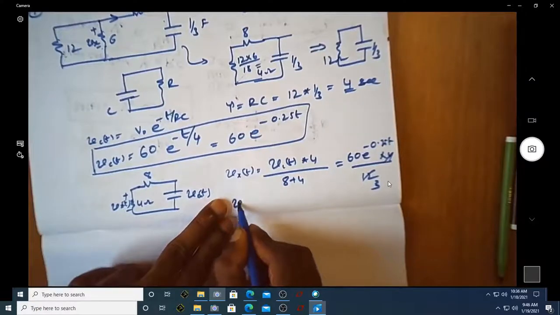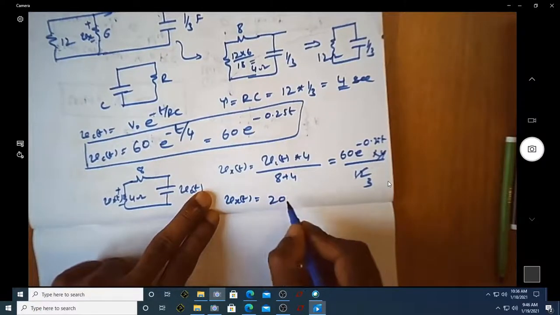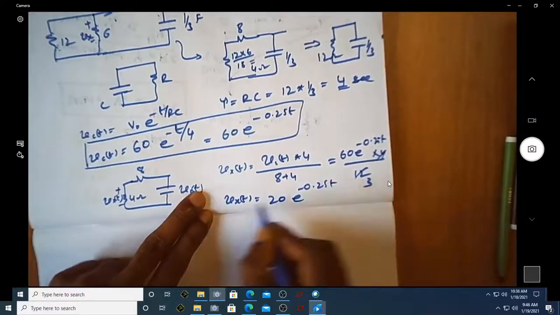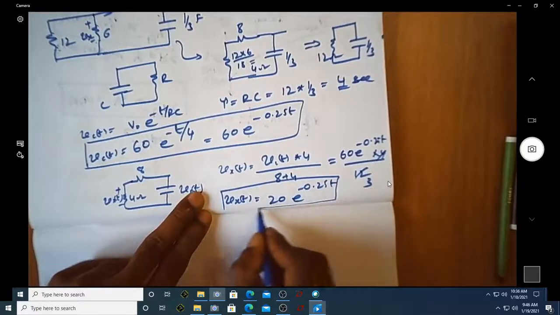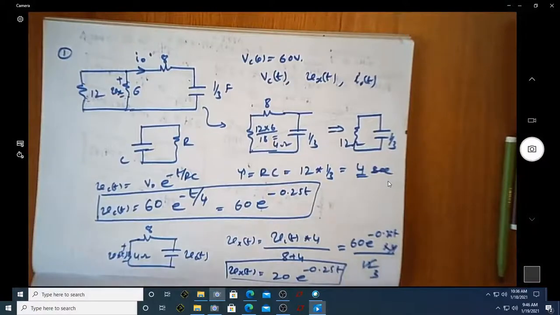So now Vx(t) is equal to 20 e^(-0.25t). This is the expression for the voltage across this 6 ohm resistor at any point of time.